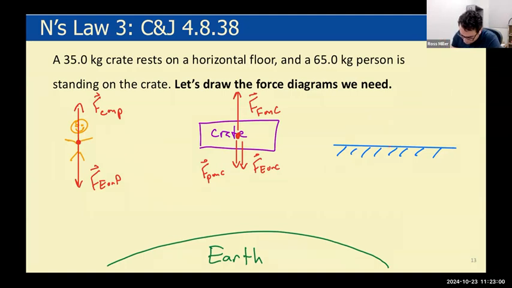Then for the floor, let's see here. I've got to make sure I get this right. Person on crate, earth on crate, floor on crate. Yep. We don't usually draw this one. It's not as obvious because it's part of the earth. So there's the floor on the crate.